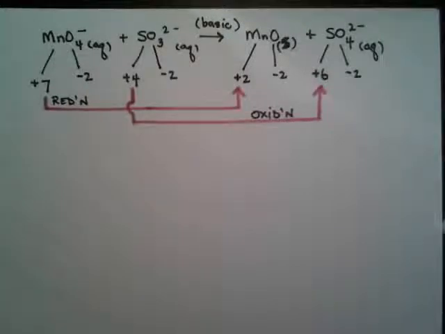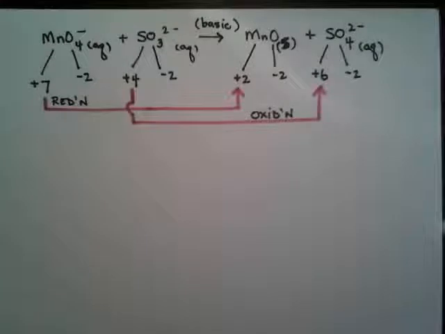For practice, let's identify the reducing agent. Remember, the reducing agent is causing reduction in something else. It itself is being oxidized. So the reducing agent is sulfur in the sulfite ion, and the oxidizing agent is manganese in its +7 oxidation state.